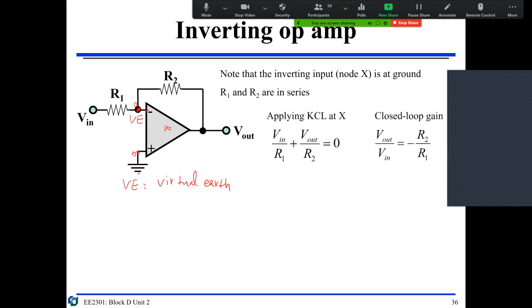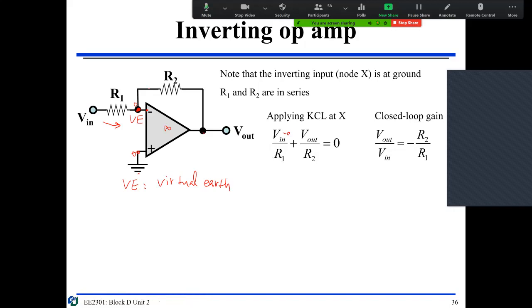So at this point, we apply KCL. V in divided by R is this current, right? Then V out minus V in minus 0. So this is 0. V in minus 0, so V in minus V-, okay?